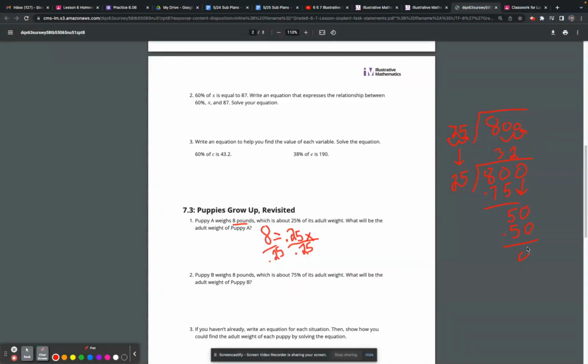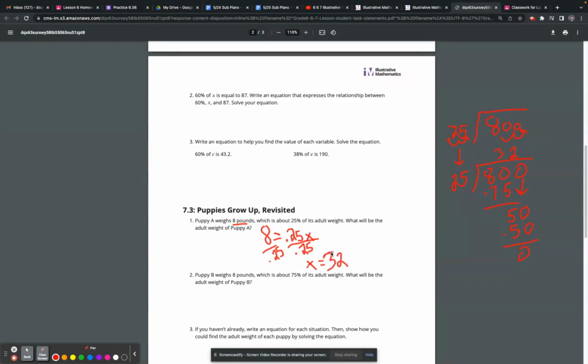That equals 0. Nothing else to drop down. My answer is 32. So x equals 32. So the puppy's adult weight would be 32 pounds.